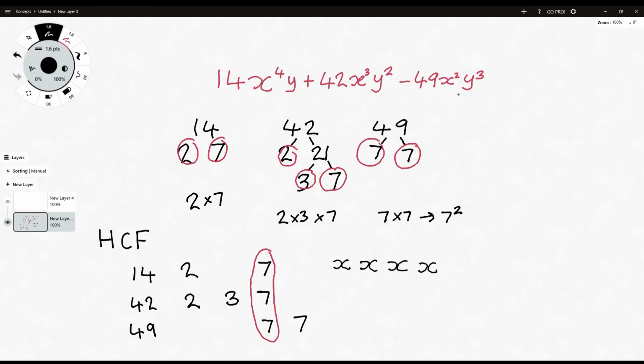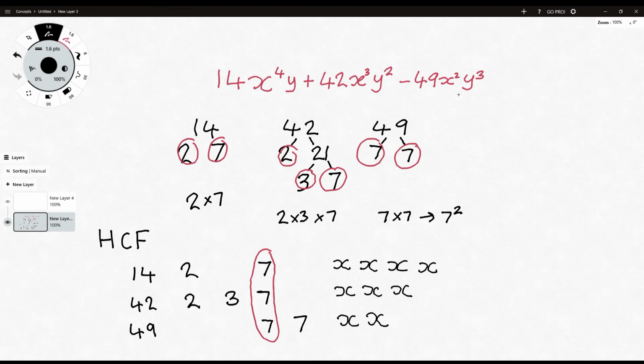We'll do the same for 42, in which case is x cubed. So 42, and again make sure you keep everything lined up: x times x times x. And finally in 49 we've got x squared, so we have x times x. And it's as simple as that.